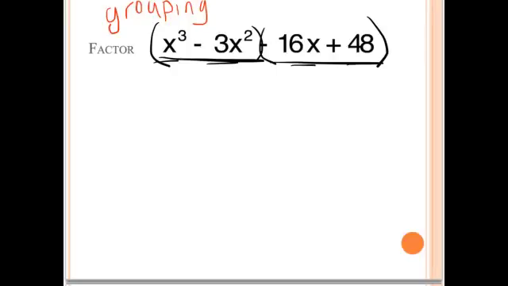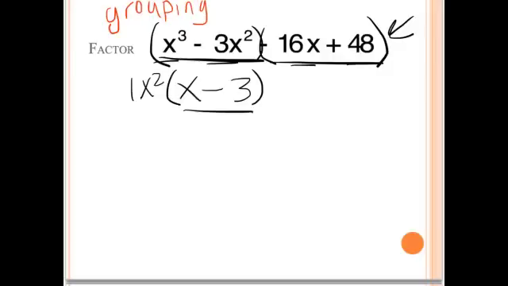So if we look at the first group, I've got no number in front of the x cubed except for a 1, so I can factor out a 1. And then I have x cubed and x squared, so out of the first one I can factor out an x squared. When I factor out x squared, I'm going to be left with x minus 3. Now if we look at the second one, our goal is to get some sort of factor that looks like this.